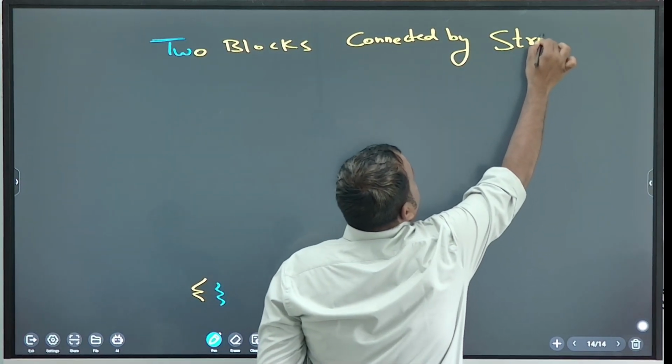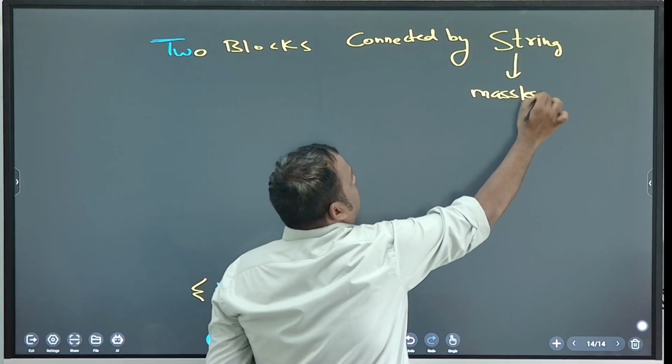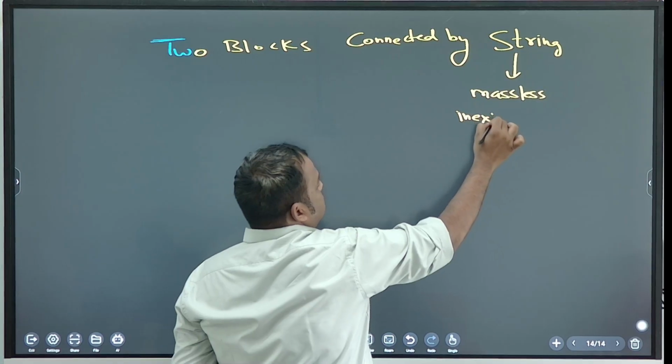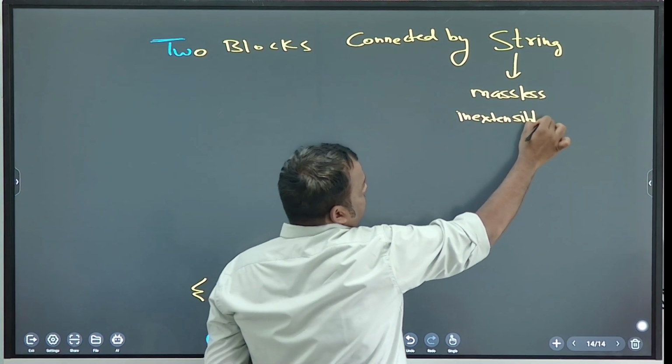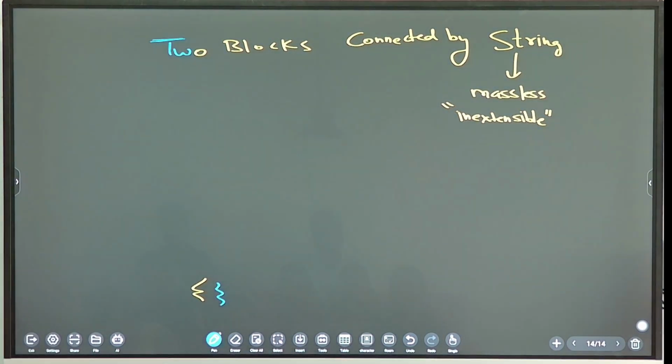Now this string is massless. Okay, string is massless, inextensible. Inextensible means the length is fixed, constant.